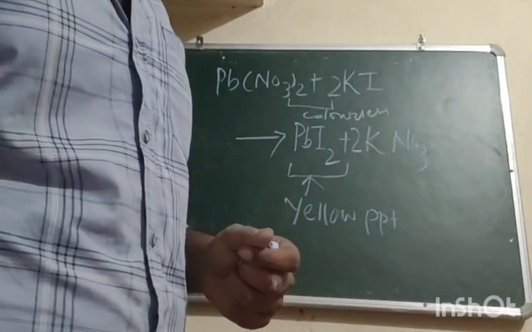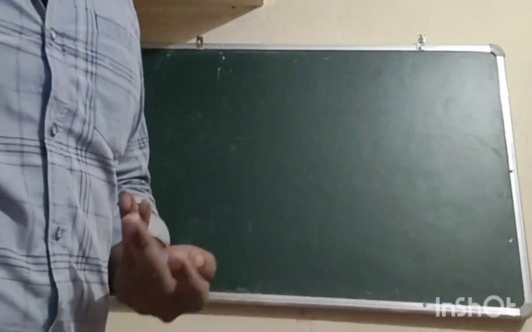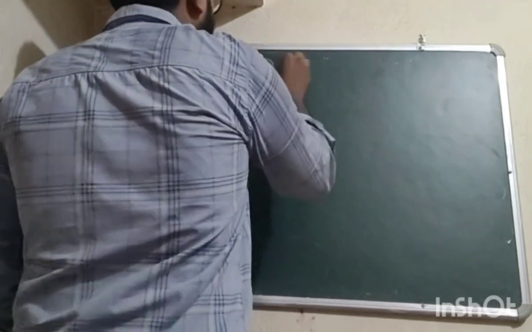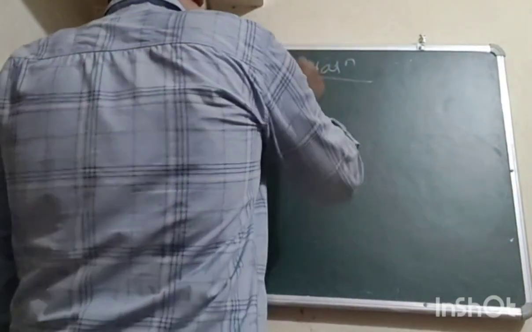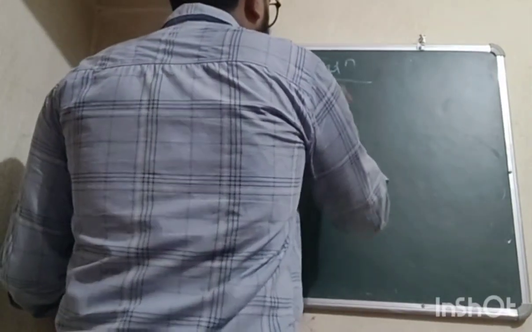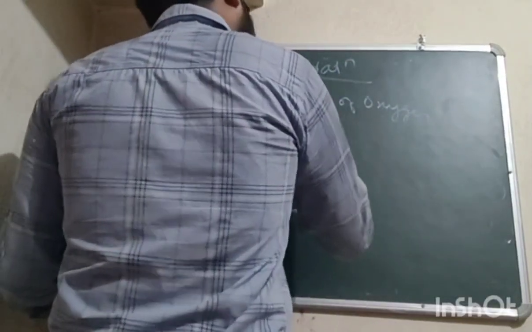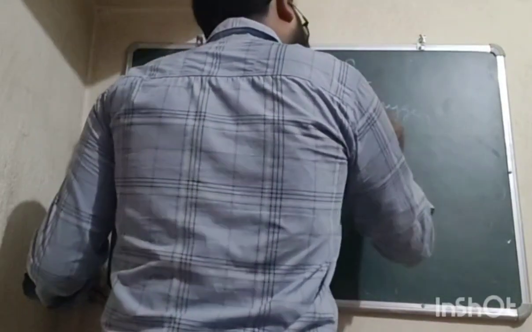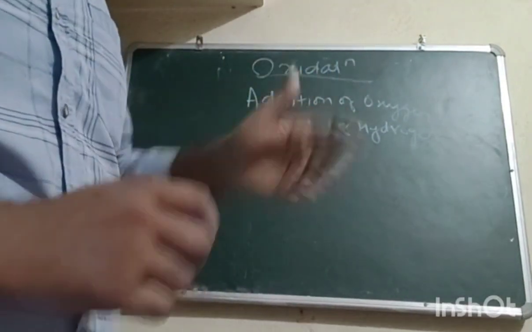Now we will learn about one more thing, that is oxidation and reduction. The definition of oxidation is addition of oxygen or removal of hydrogen.